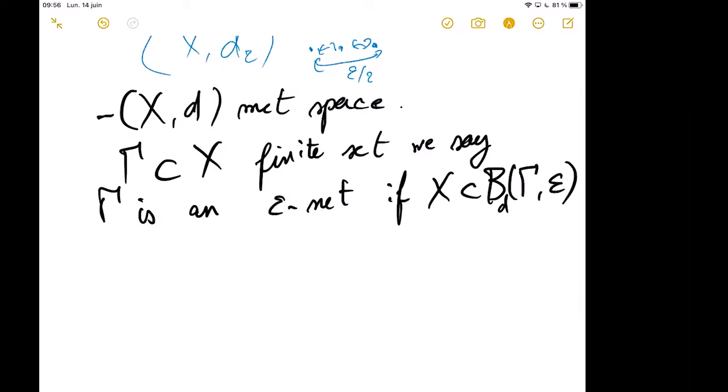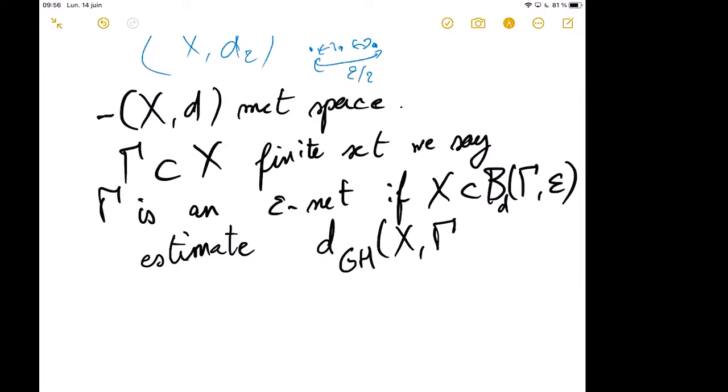So every point in X is at most a distance of epsilon from some point in Gamma. So the exercise would be to compute or estimate from both sides the Gromov Hausdorff distance between X and Gamma.